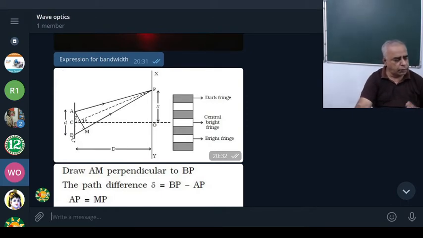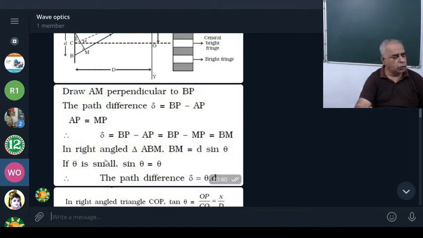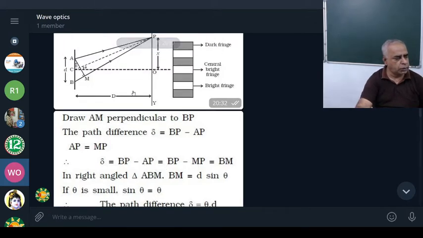The path difference BM is nothing but BP minus MP, and AP is equal to MP, that we already know. Therefore delta, the path difference, is BP minus AP, which can also be BP minus MP, which is BM. So this is the path difference BM.